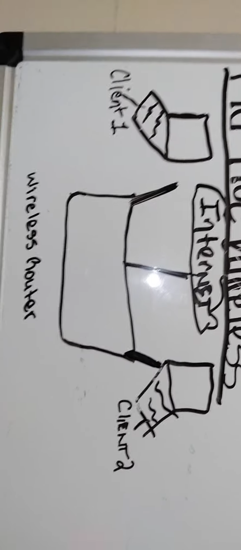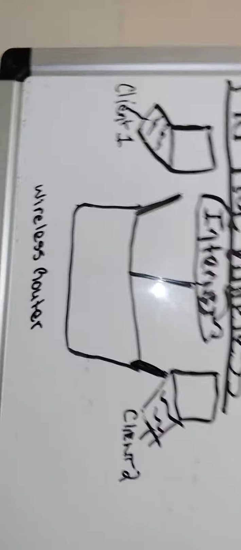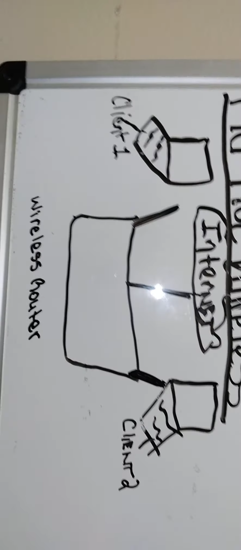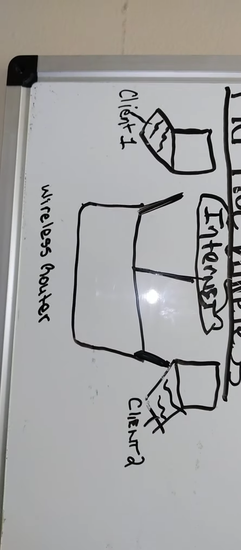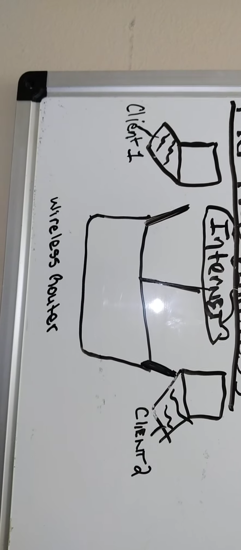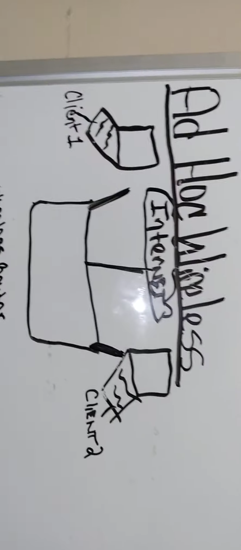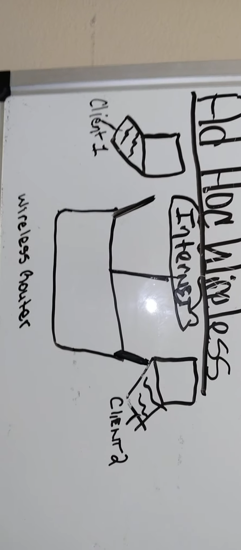For example, like an iPhone or an iPad, if I wanted to have a file transferred from one device to the other, what we can do is what is called an AirDrop. An AirDrop is in the Apple iOS ecosystem.